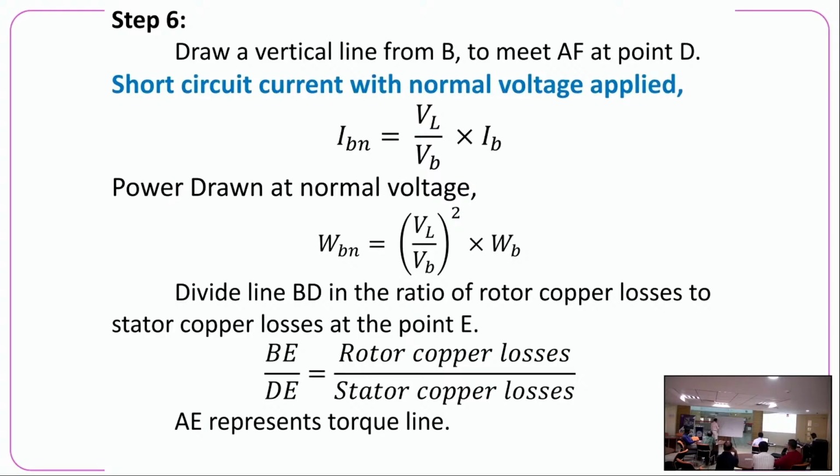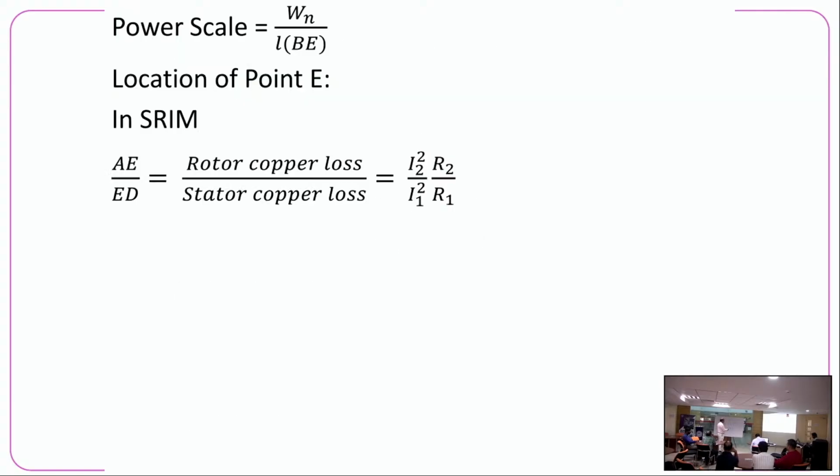AE is the top line and AP is the output line. So that part is done.